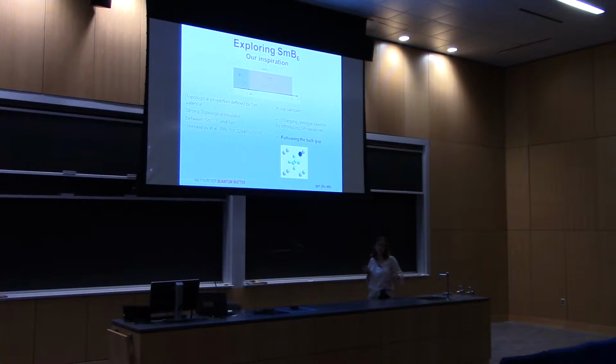Ideally you want to drive the system into a trivial state and look at how the gap closes. The ideal way to do it would be to apply pressure, because it's known for samarium hexaborate, again from a long time ago, that if you apply pressure, you increase the samarium valence.